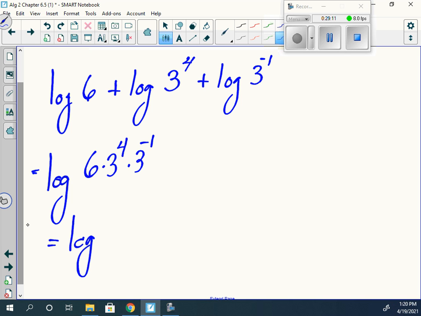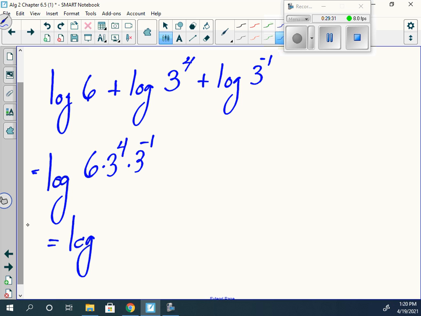Now we can do the exact same steps that we did on the first one, and I can rewrite that 3 or move one of them to the denominator. But unlike the first one, do I have 2 things multiplied together with the same base? We have 3 to the 4 times 3 to the negative 1, yes?